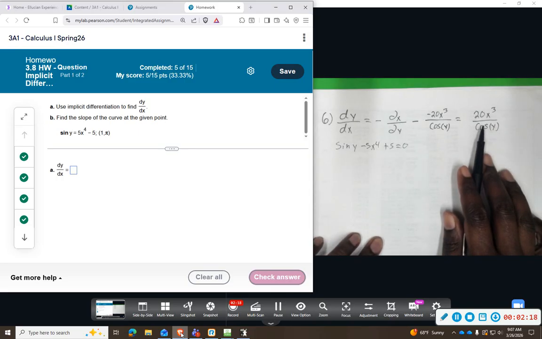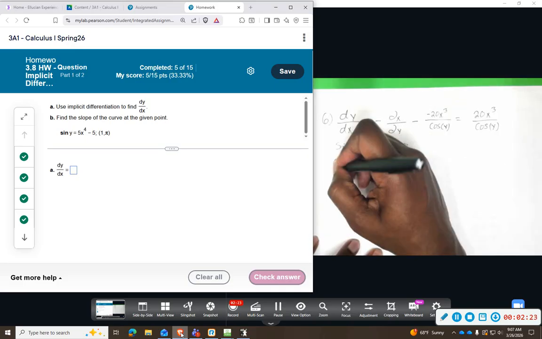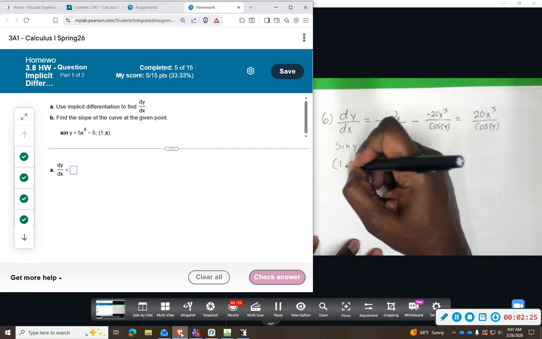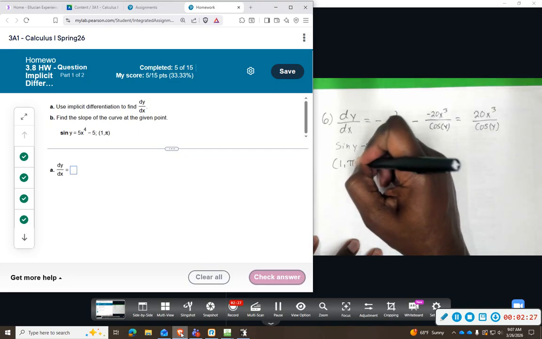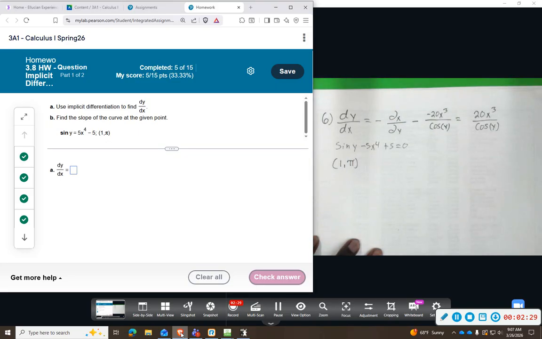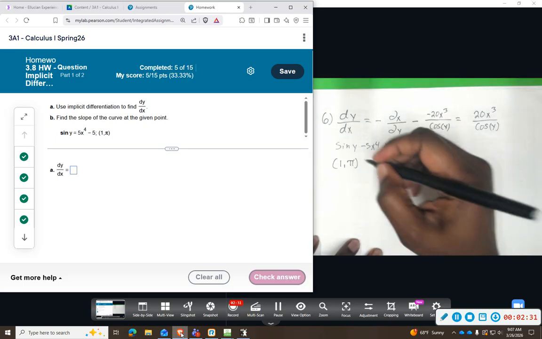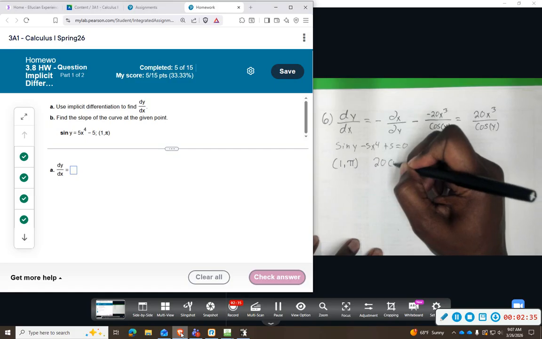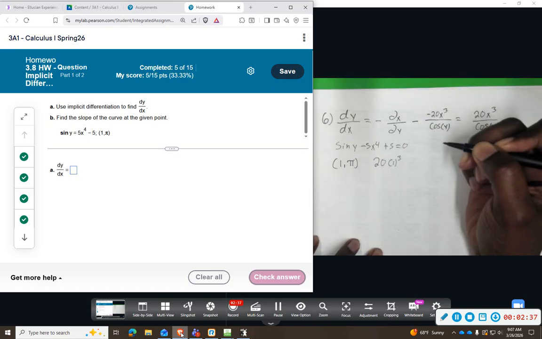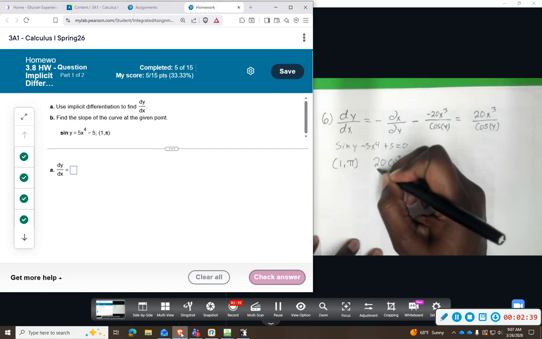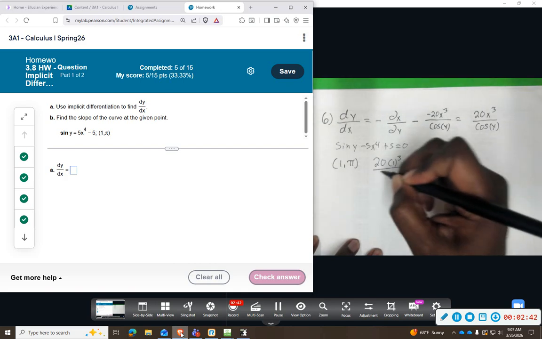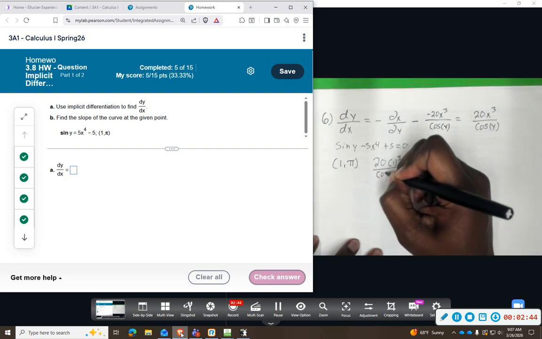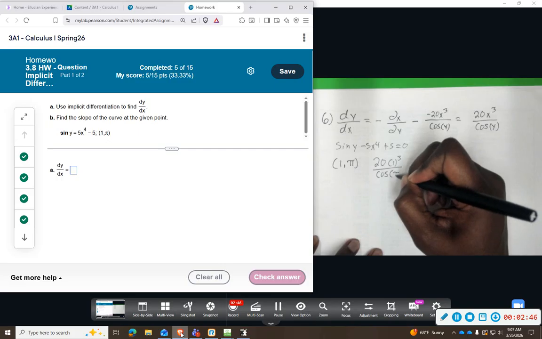From here, we're going to plug in the ordered pair 1 and pi, and then that's going to give us the slope. So that is going to be 20 times 1 to the 3rd divided by cosine of pi.